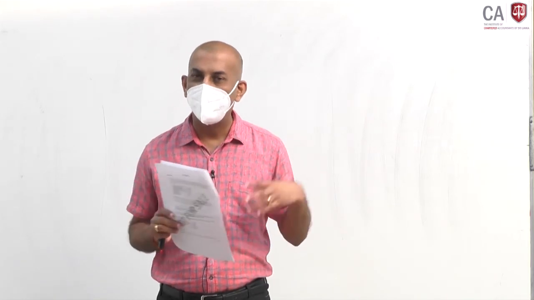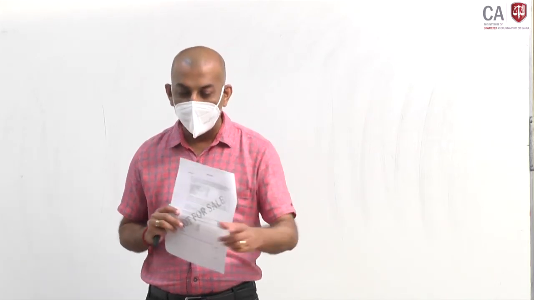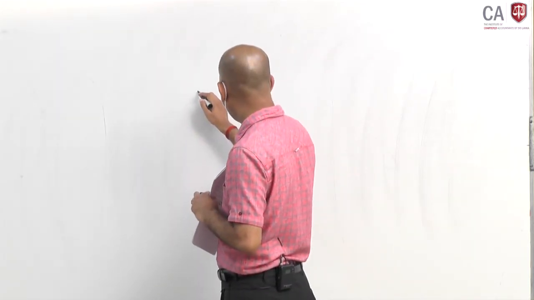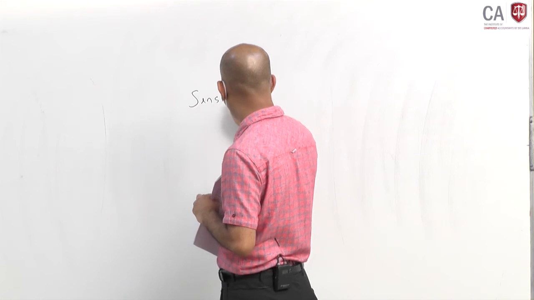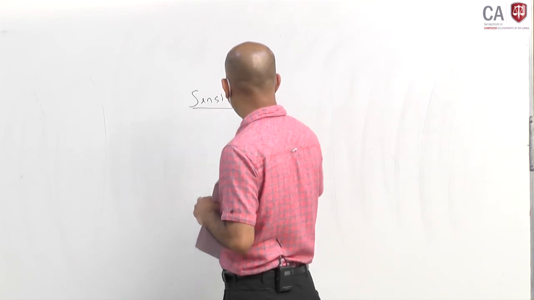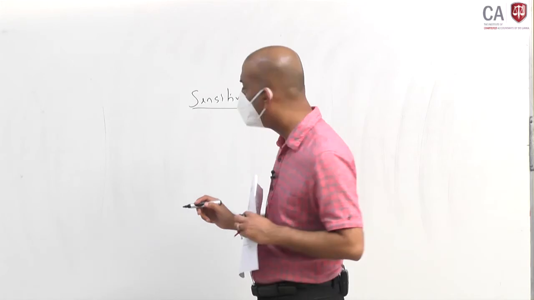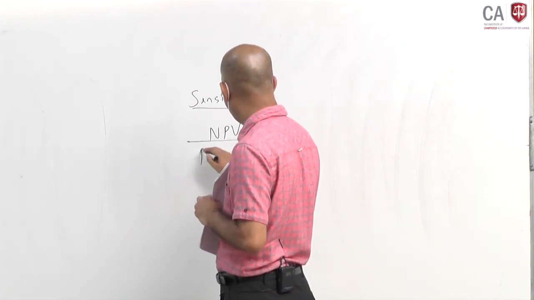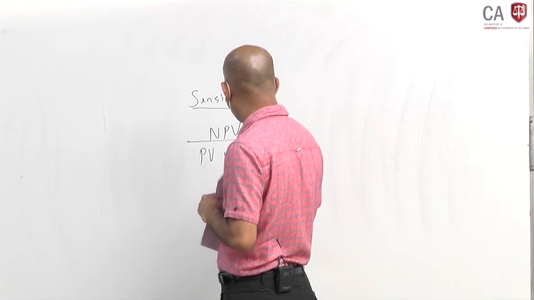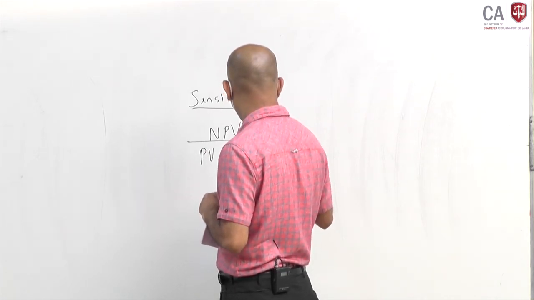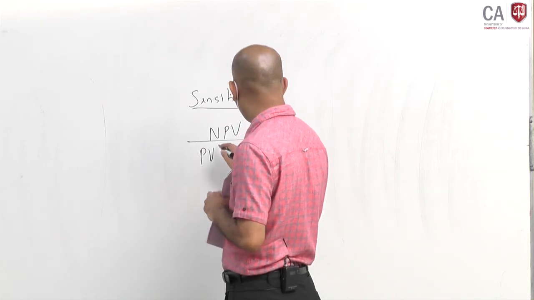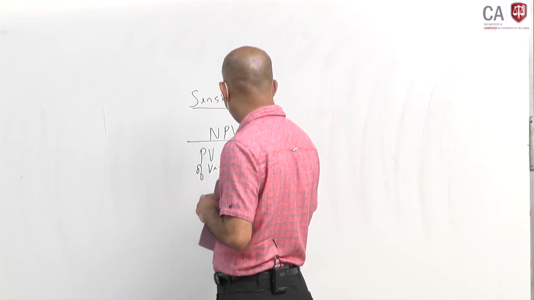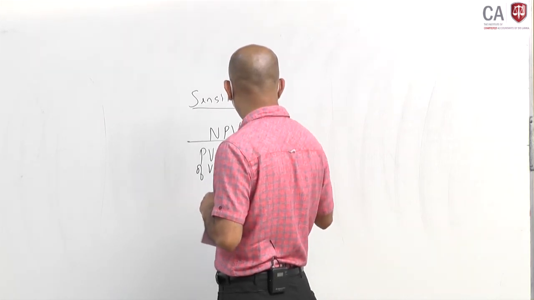So it's not about whether to accept or not, the question is about sensitivity. For us to calculate the sensitivity, you need to divide the NPV by the present value of the variable under consideration.